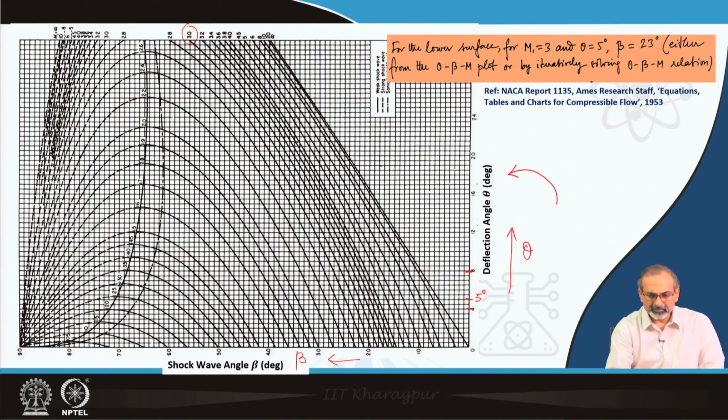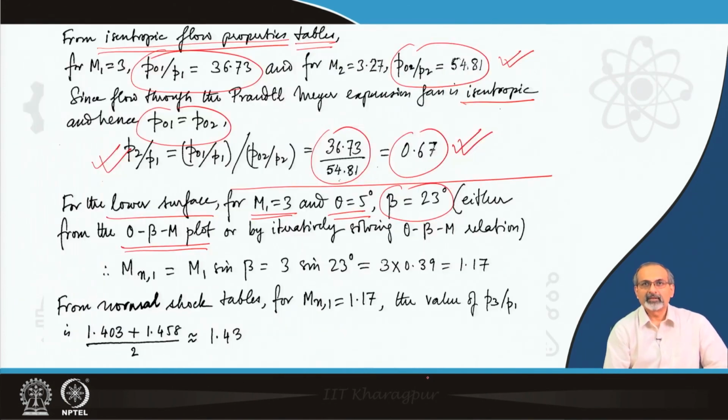Now, if you move up, remembering that this is the curve you have to follow, you will find that the intersection occurs at around 23 degrees or so, and from there we are able to figure out that beta will be around 23 degrees.